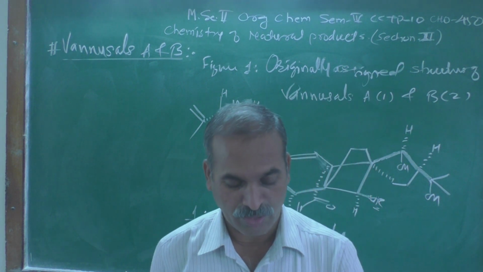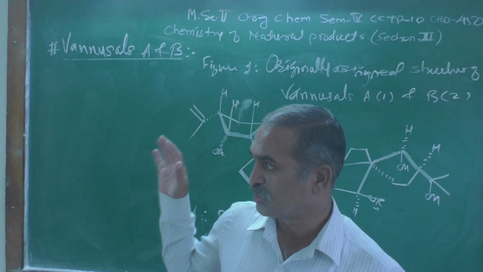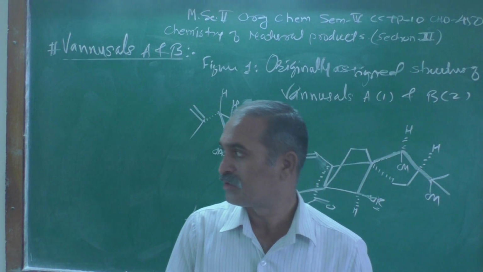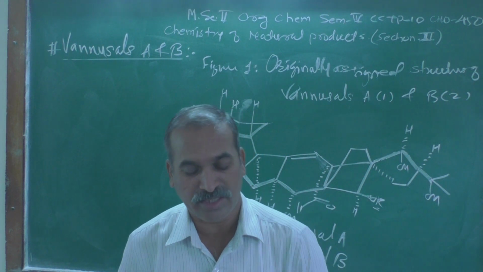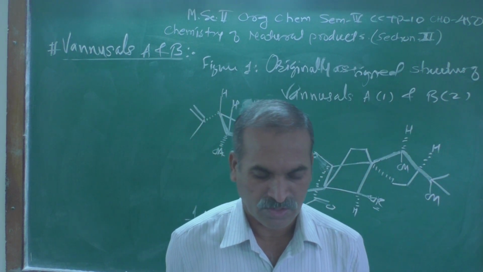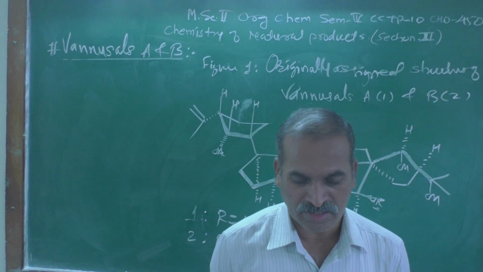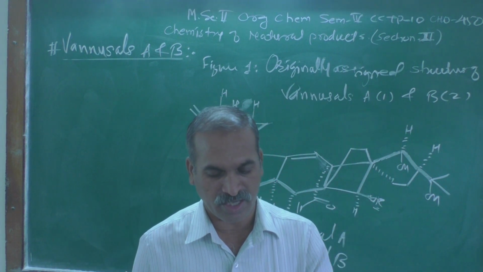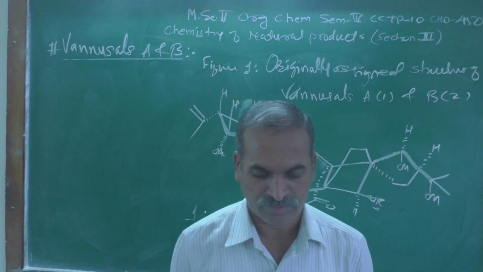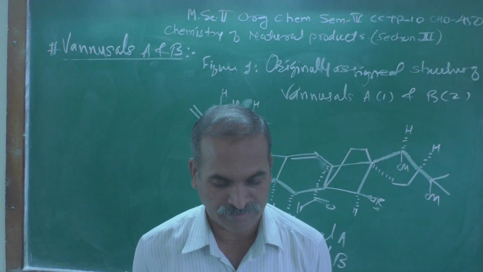So now let us see some introduction regarding Vanusel A and B. In 1999, Guella, Dini and Pietra disclosed the structure of Vanusels A (1) and B (2), which is now represented in figure 1.